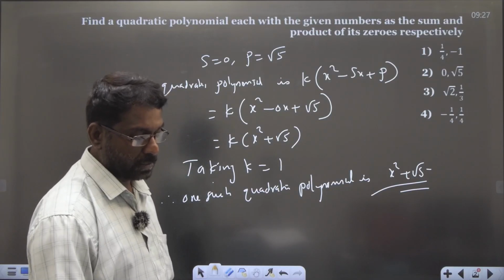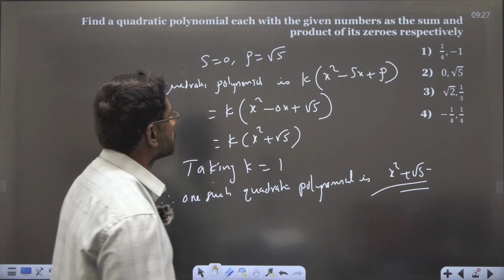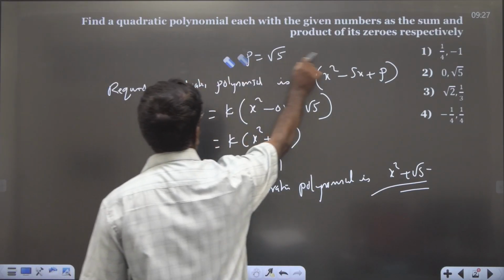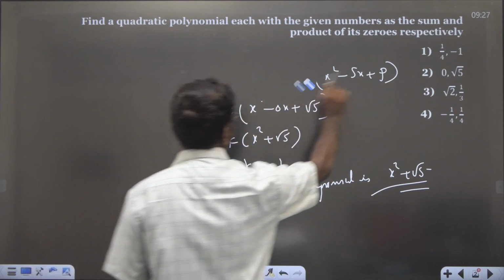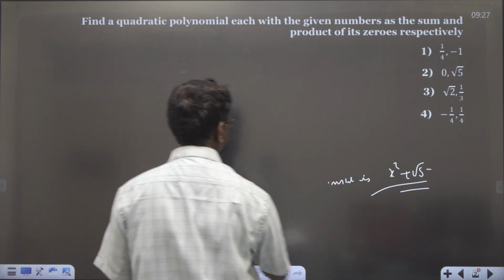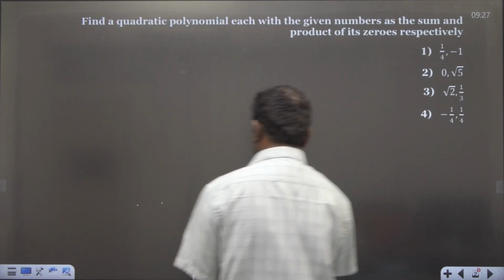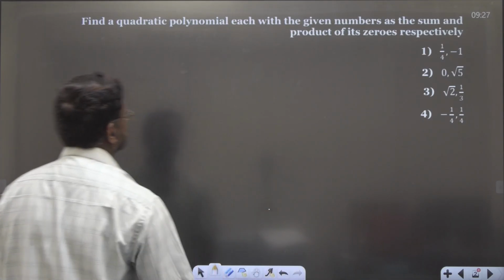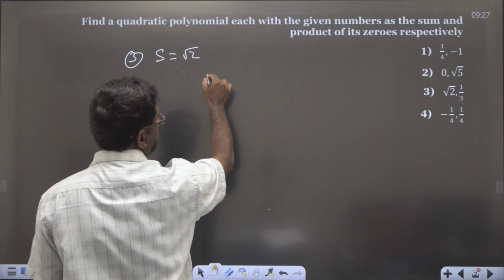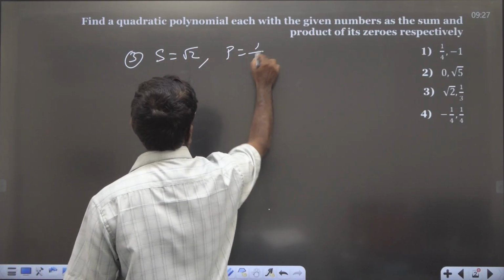This is the answer. And another question. Third question. s equal to root 2, that is given. p equal to 1 by 3.